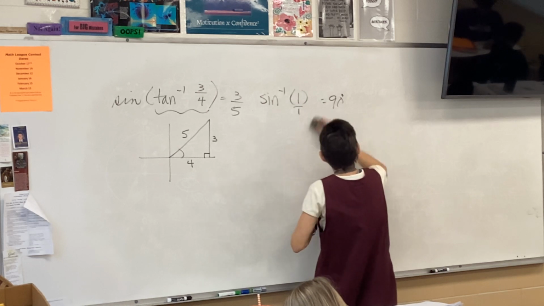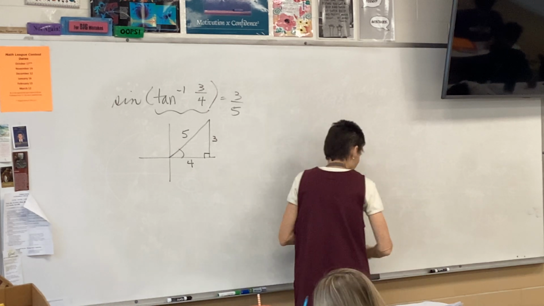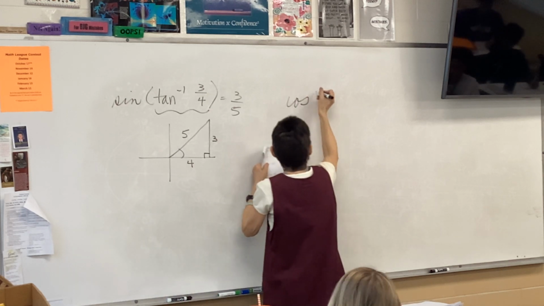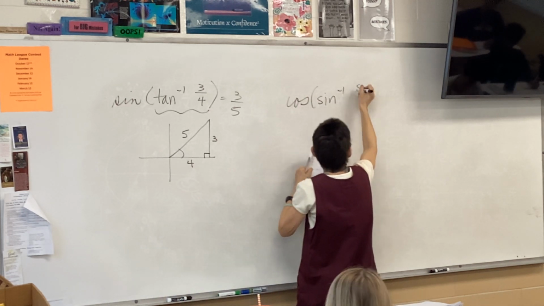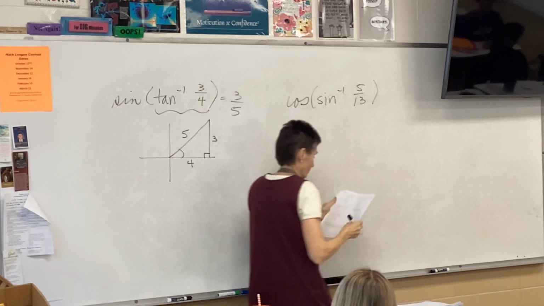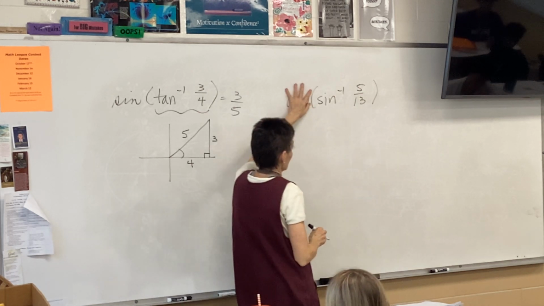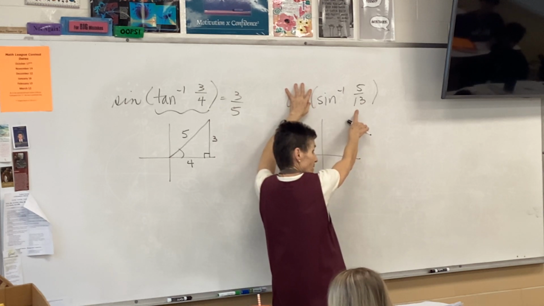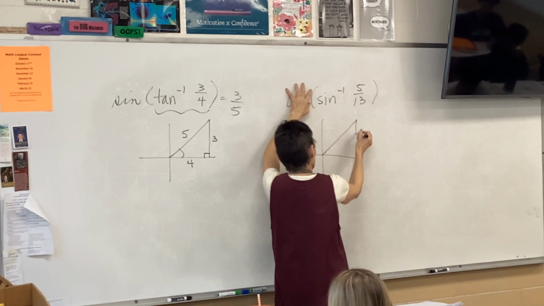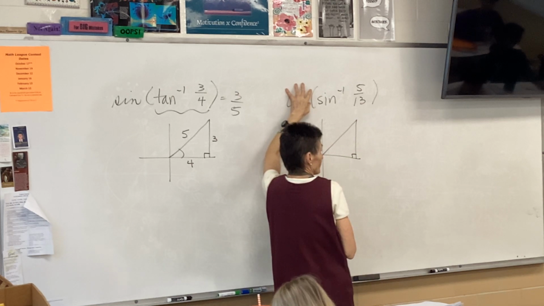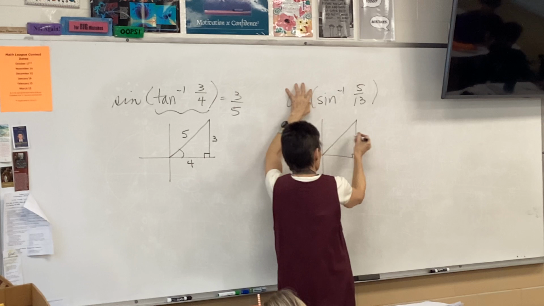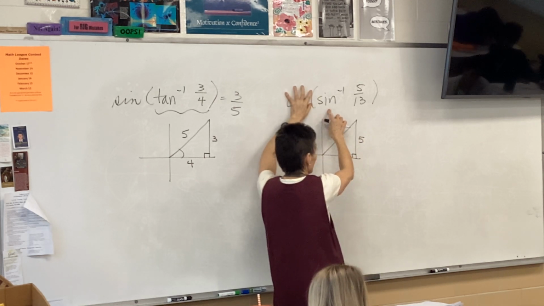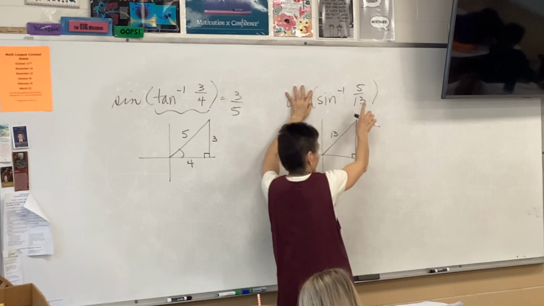So the parentheses is where you start, like always. So start here. See how that number's positive? So you're going to draw it in quadrant 1. Opposite over hypotenuse because it's sine. Remember, this is covered up. This is all I'm looking at.